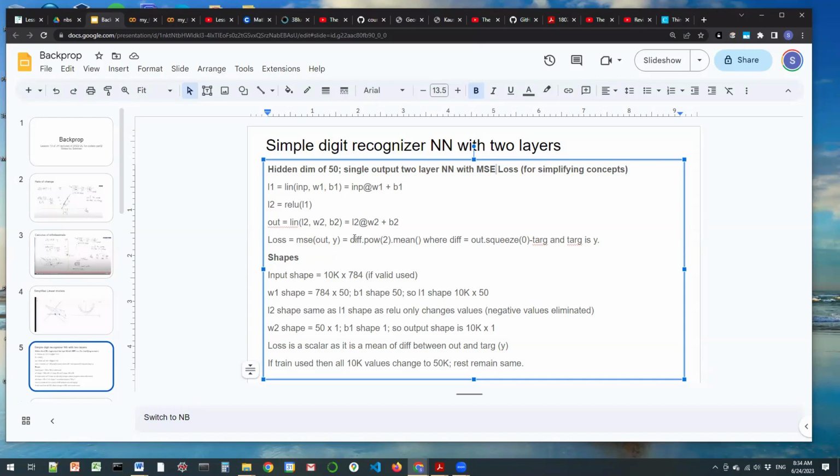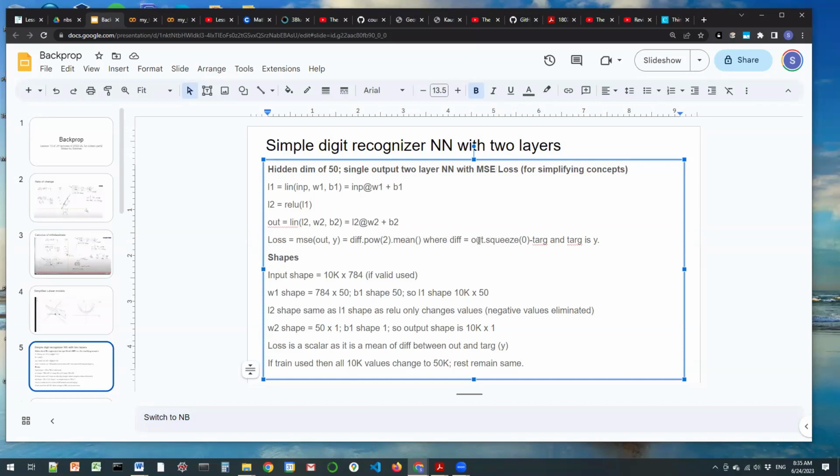And we take the difference between that and the actual integer value that we know it is. So for example, if it predicts a 3 and we know that the actual value is a 5, then we take the difference between a 3 and a 5, square it, and then take the mean. That's what mean square error is. So first square and then take the mean.